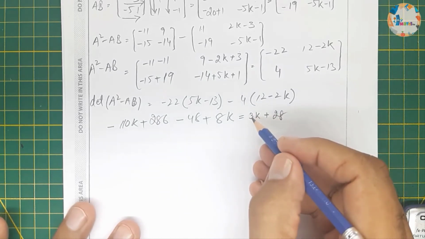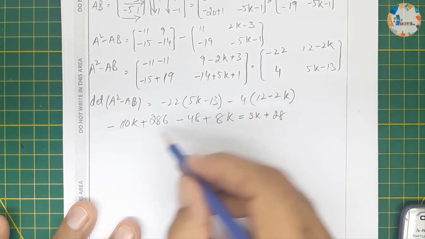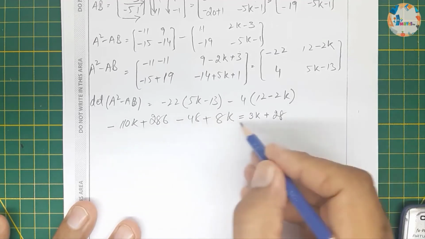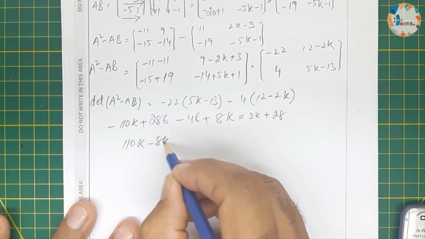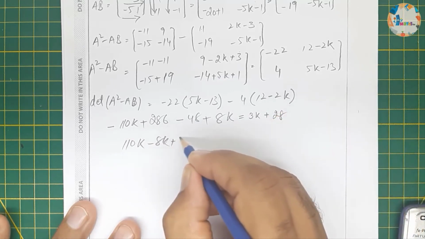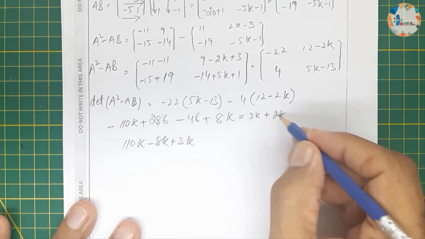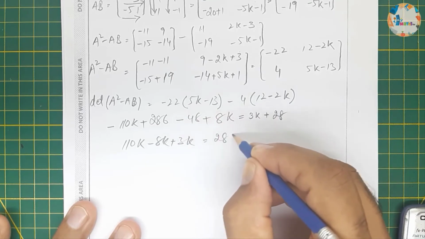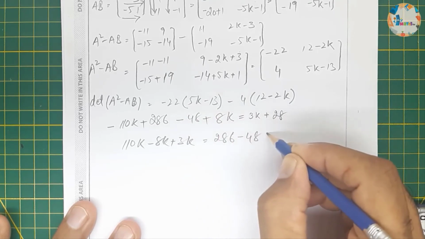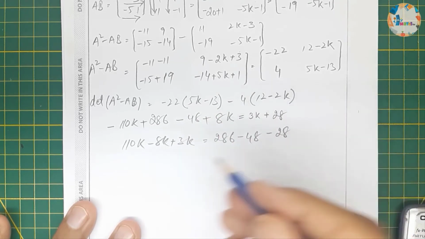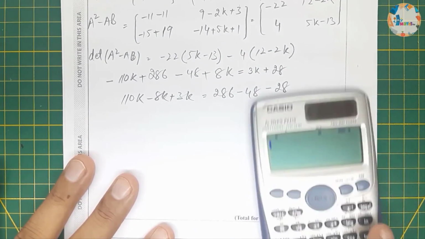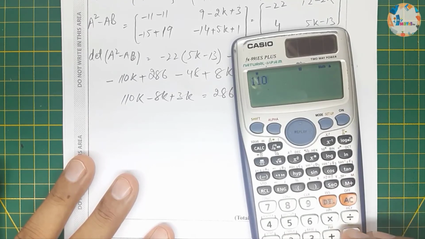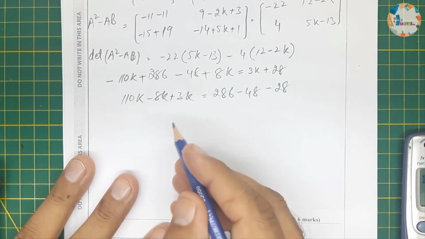So now we can shift these k to this side, so it will be 110k minus 8k and plus 3k, and the rest of everything we can shift to this side. 286 minus 48 and minus 28. So this side will be 110 minus 8 plus 3, this will be 105k.